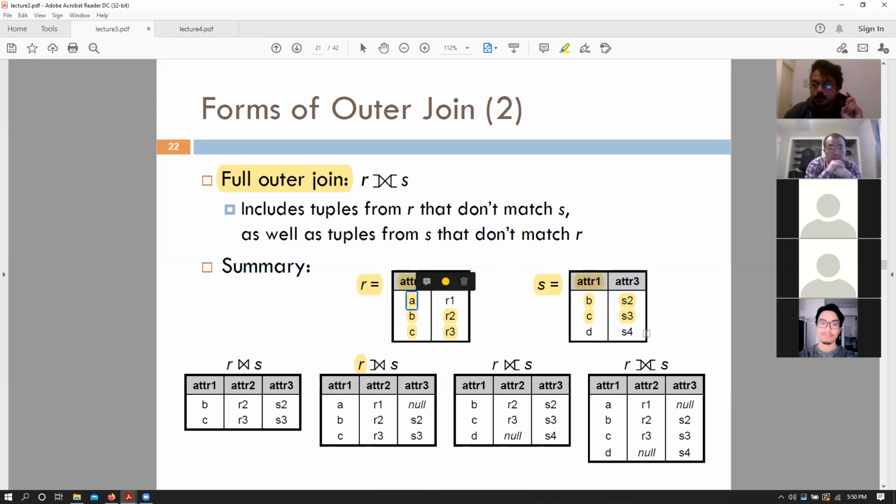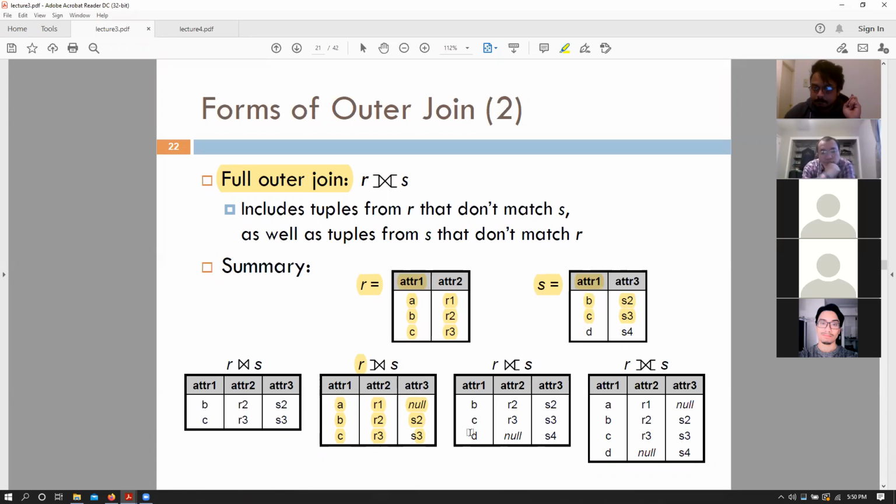But for A, we do not have a corresponding value for attribute 3 in S, right? So for B, we get R2 and S2. For C, we have R3 and S3. But for A, we have the value of R1. Since it's a left outer join, A needs to stay there. And since there is no corresponding attribute A for attribute 1, we have a null in case of attribute 3 here.